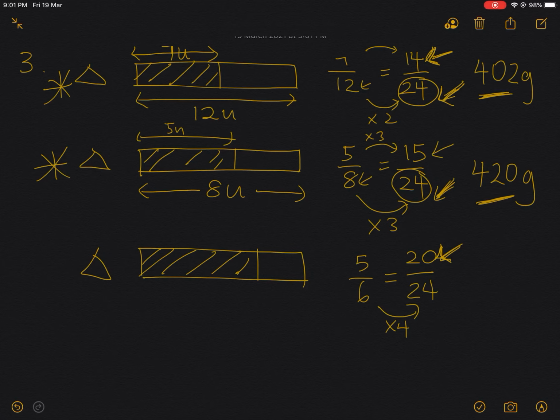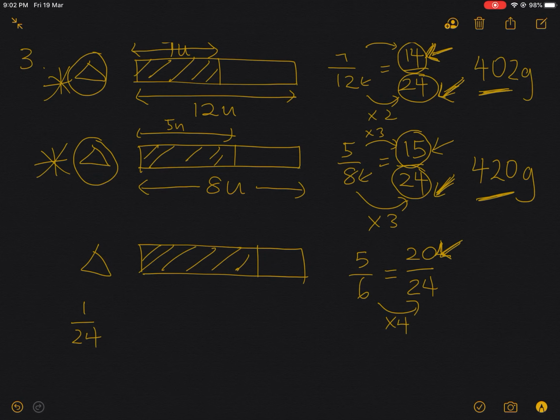When we take 420 grams minus 402 grams, the mass of the bottle cancels with the mass of the bottle. Then the mass of these 15 units of salt cancels with the 14 units of salt, leaving us with 1 unit of salt.